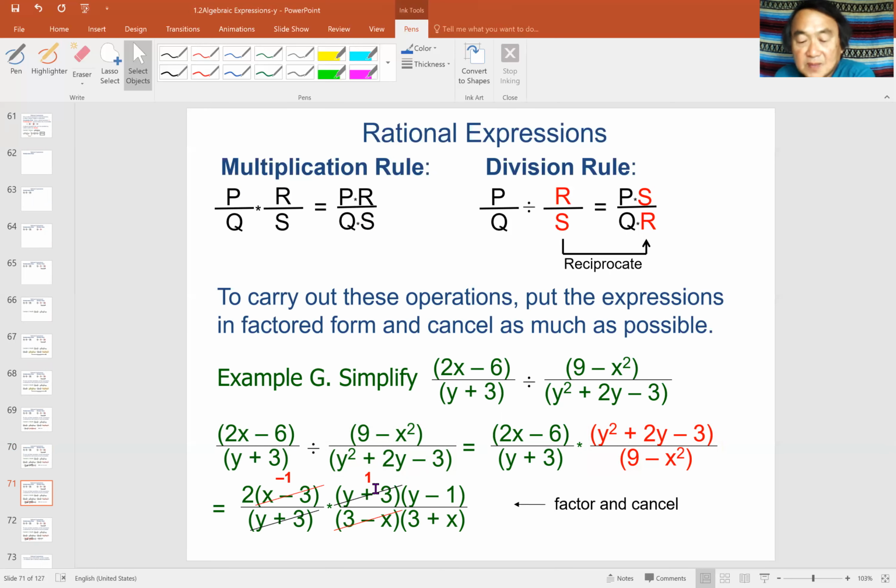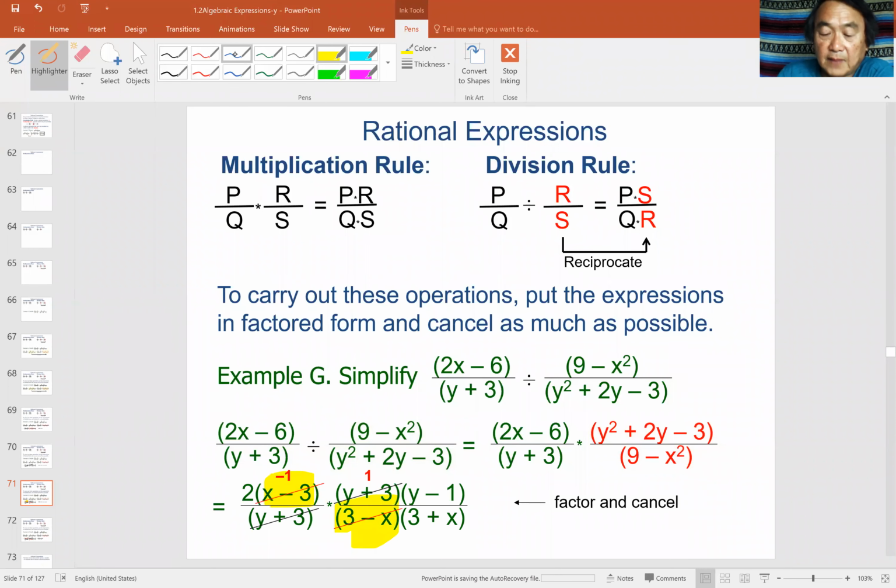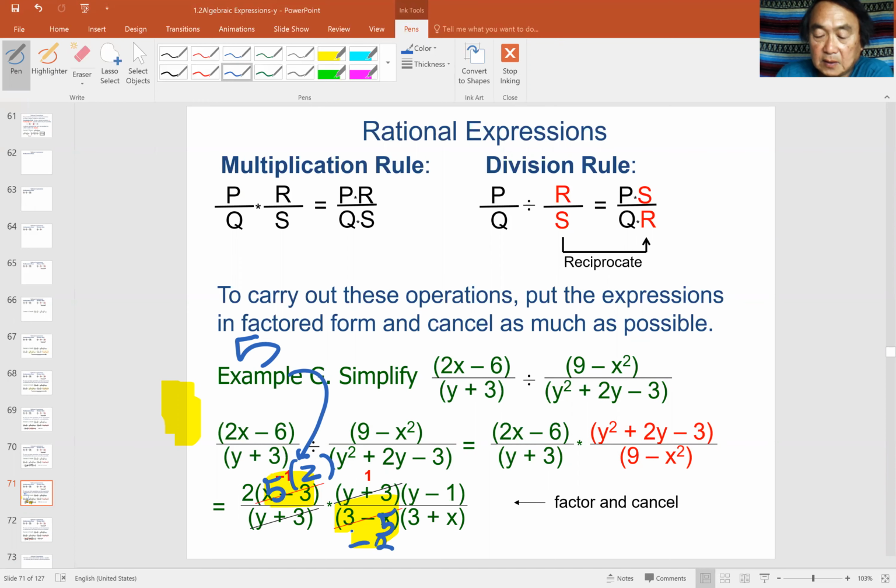Notice this one, x minus 3 and 3 minus x. They cancel to be -1. Think about it. Again, let's use the same old x equal to 5 and see what happens. I put 5 in there, 5 minus 3 is 2, 3 minus 5 is -2, so I'll have 2 divided by -2. But 2 divided by -2 is going to be a minus sign.